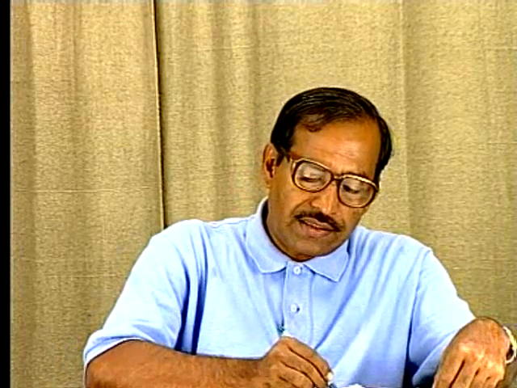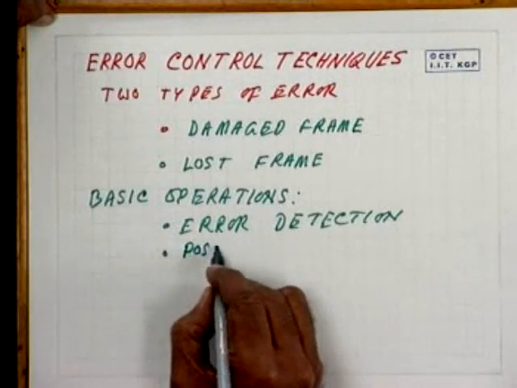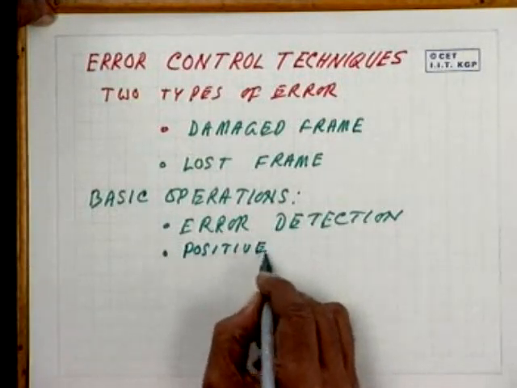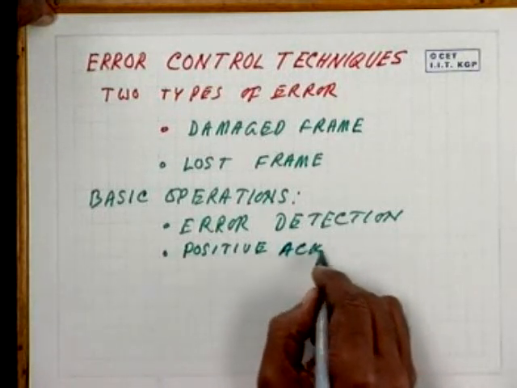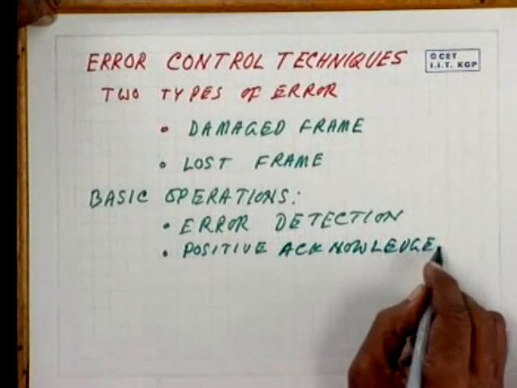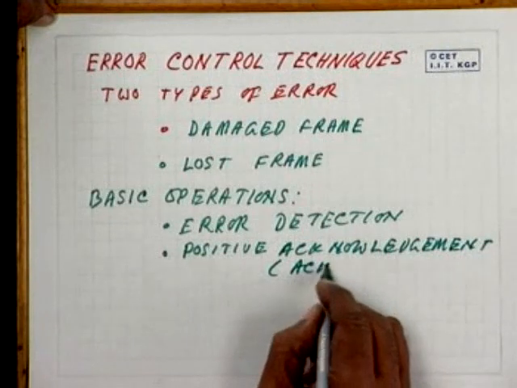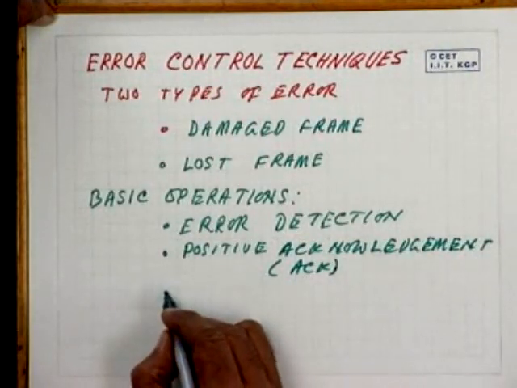What are the other operations to perform? Let us see. First of all, if a frame is received correctly by the receiver, receiver sends an acknowledgement. That is called positive acknowledgement. And in short it is called ACK.